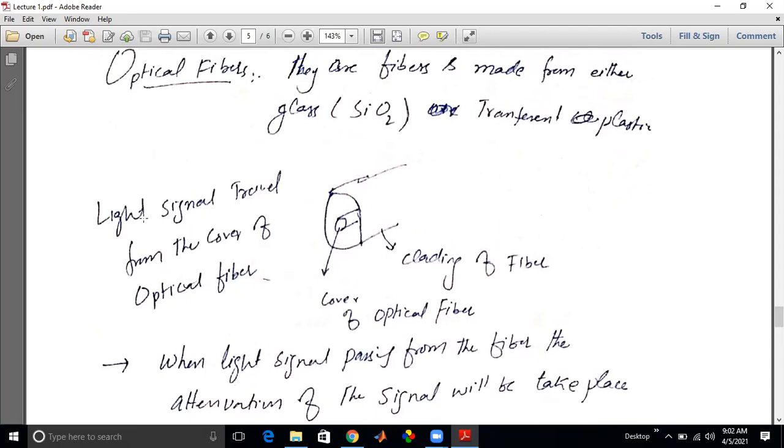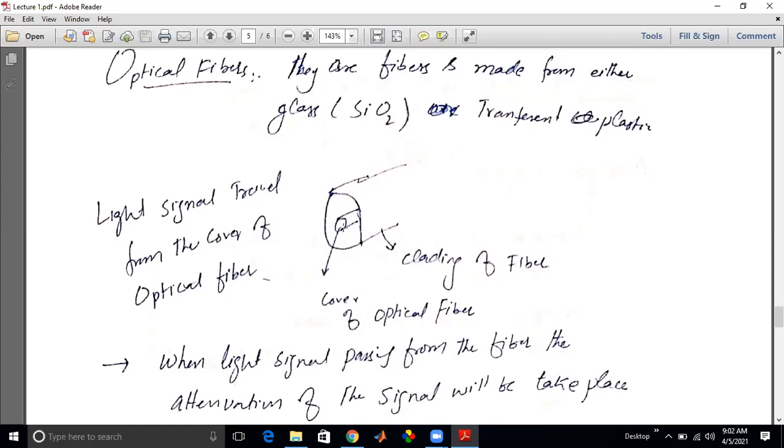The light signal will travel through the core of the optical fiber. There are two parts: this is the core of the fiber, and this is the cladding. This is called cladding. This is the supporting material.